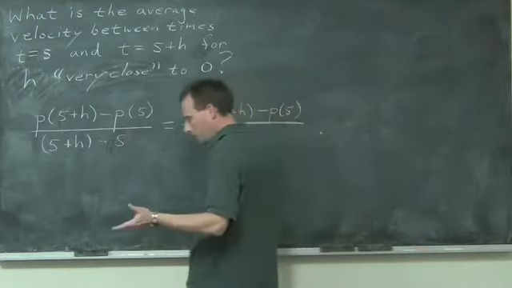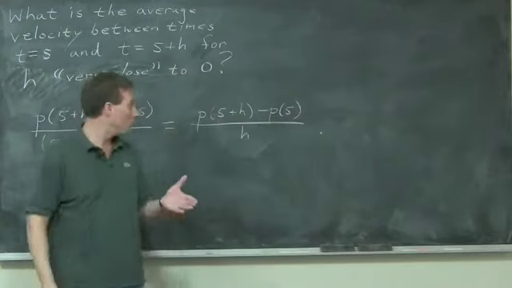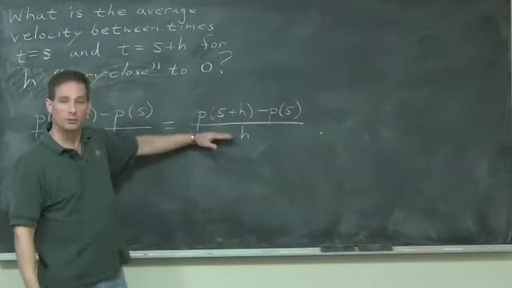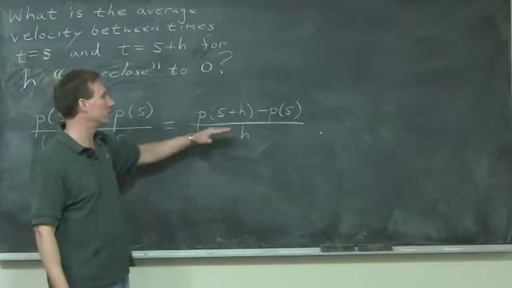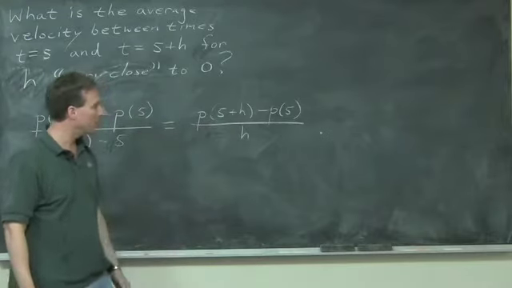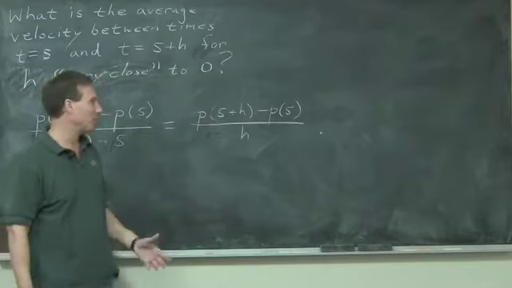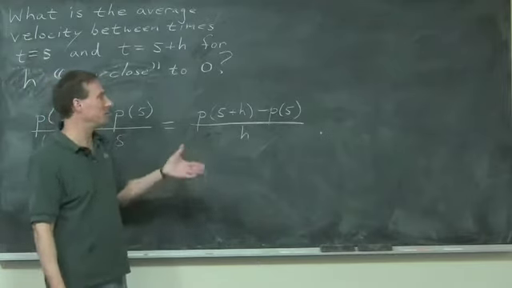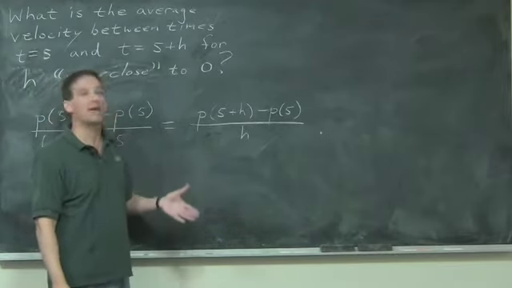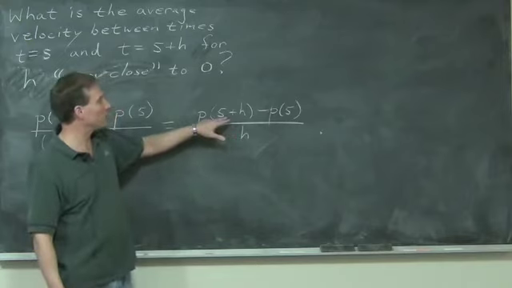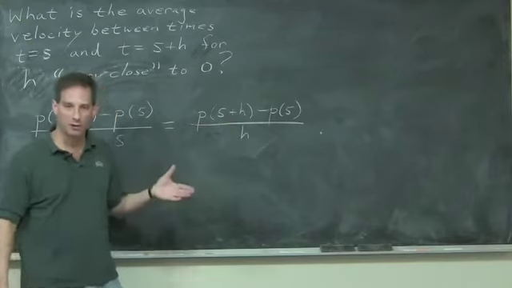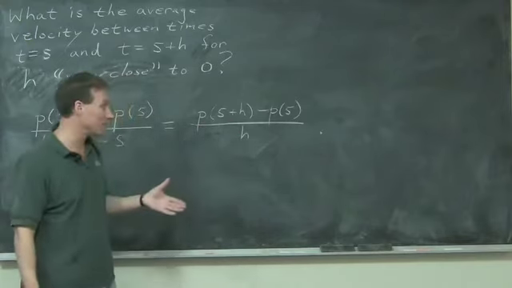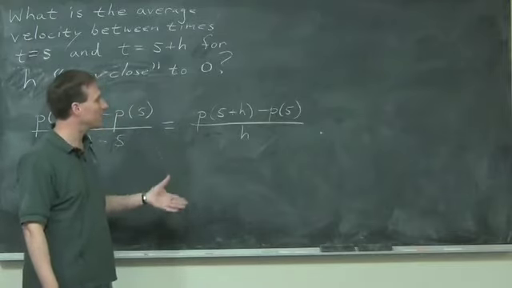So you get this, and what we'd like to know is, what is this as h gets very small? How small? Really small. We'd like to let h be 0, but we can't do that, because if you let h be 0, in the numerator you get 0, in the denominator you get 0, and 0 divided by 0 is not defined. So we can't let h be 0.